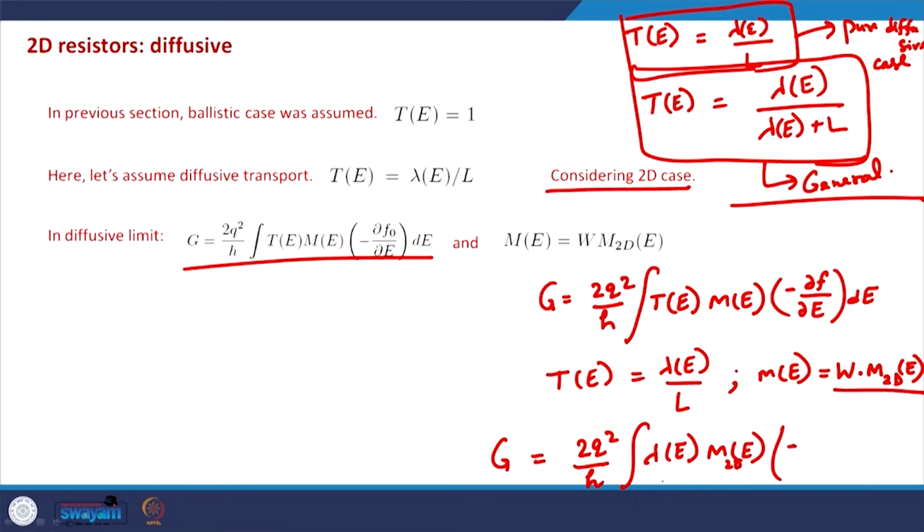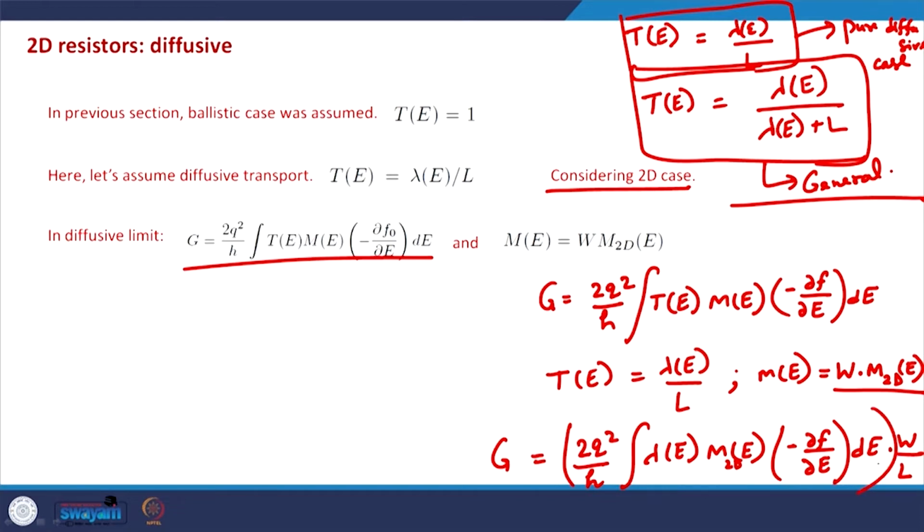So we will write it in terms of m2dE, and W from here can be taken outside, and similarly L can also be taken outside. L by lambda, from the Te, can be taken outside.